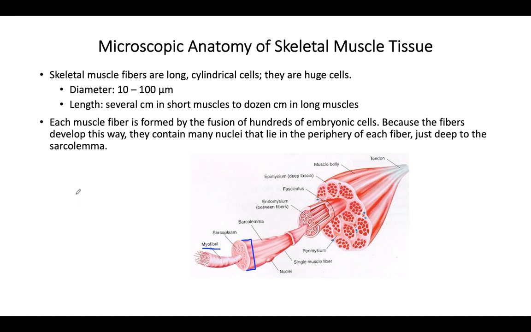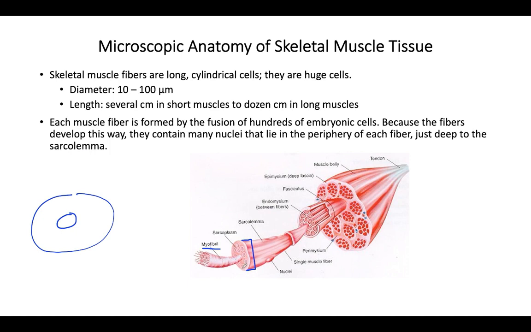Do you remember in the cell there's a nucleus and then other membrane-bound subcellular organelles, like endoplasmic reticulum and mitochondria. Myofibril is an organelle. And a myofibril in a muscle cell looks like a stick-like structure.